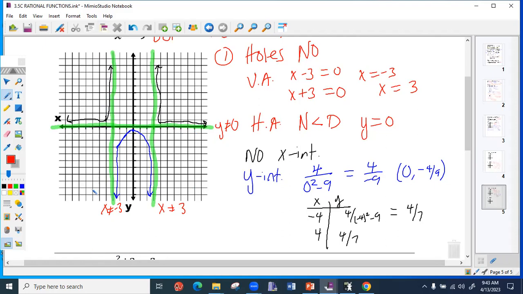On your homework, it's probably going to ask you to write it as an inequality also. So when I'm writing this as an inequality, this is saying that your x is less than -3, because that's to the left of -3. Does that make sense? Okay. If I'm in the middle, that's telling me that x is between -3 and +3.